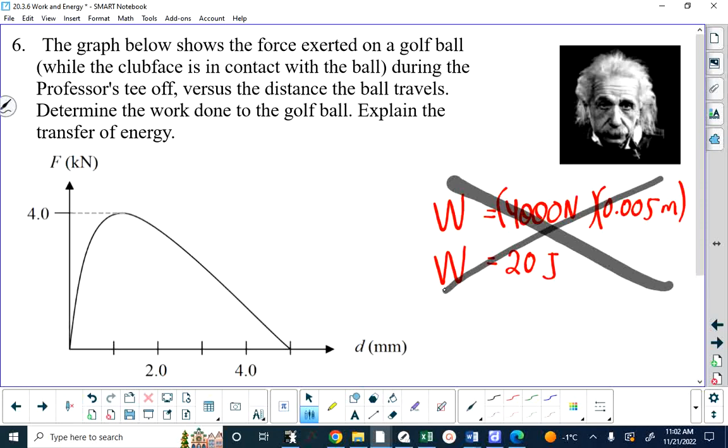By the way, the force is in the same direction as the motion of the ball. If you've ever golfed or you think about golfing, that club face hits the ball, and the club face might be moving to your left if you're a right-handed person, and the ball is going to be moving to your left. Why should I not multiply that 4,000 newtons by the 0.005 meters?